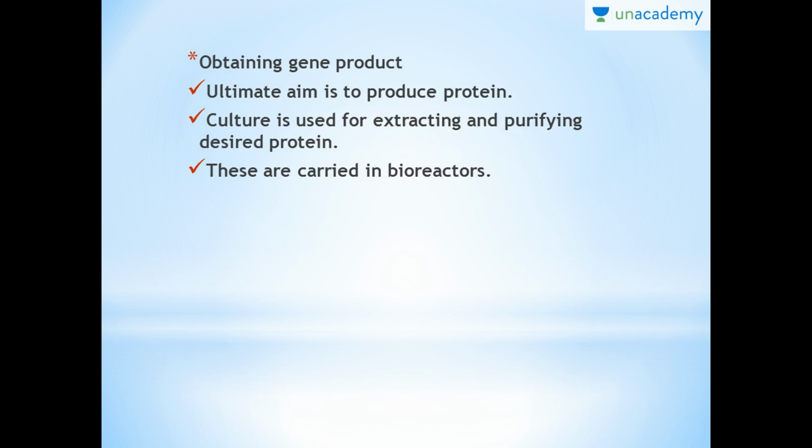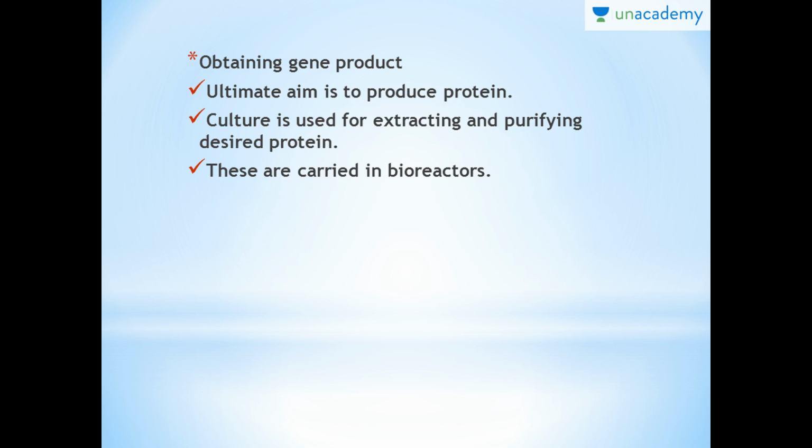Now, obtaining the gene product. The ultimate aim of biotechnology is to produce a desirable protein like insulin. The culture is used for extracting and purifying the desired protein, and these reactions are mainly carried out in bioreactors.